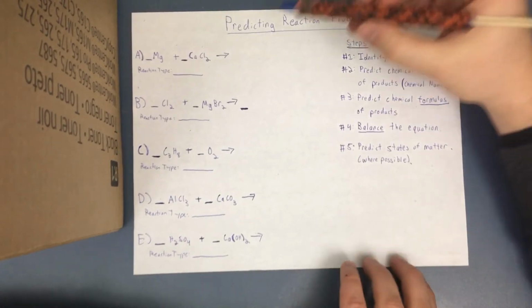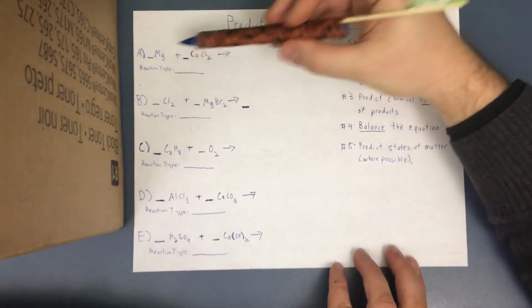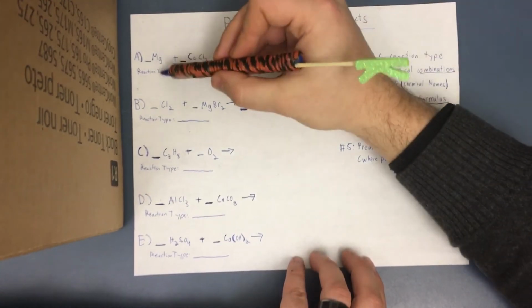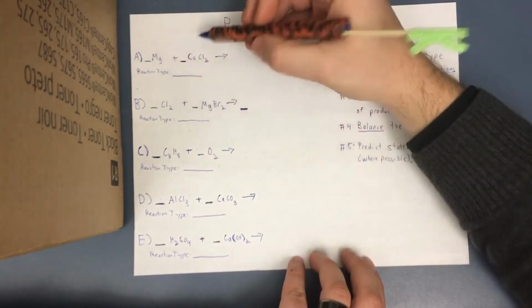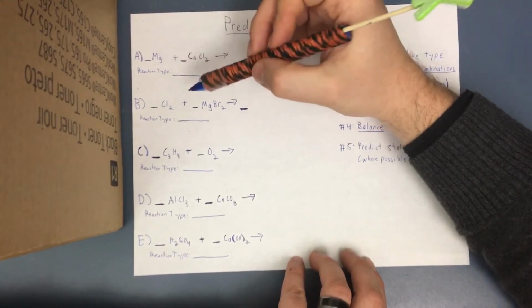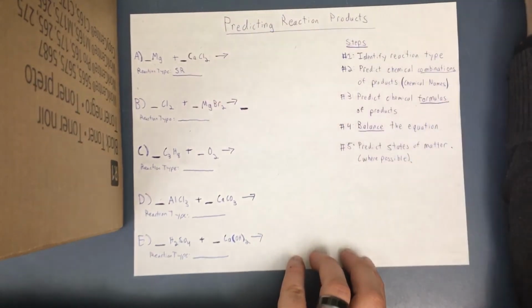So on the first one, we look at our reactants. We have magnesium metal, and it's reacting with calcium chloride. Now, because I have an individual element here reacting with an ionic compound, we know that this is going to be a single replacement reaction. Going to be single replacement.